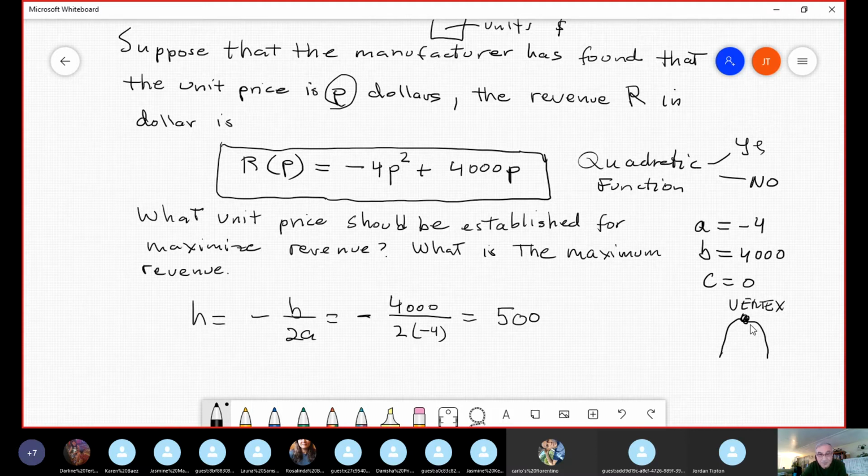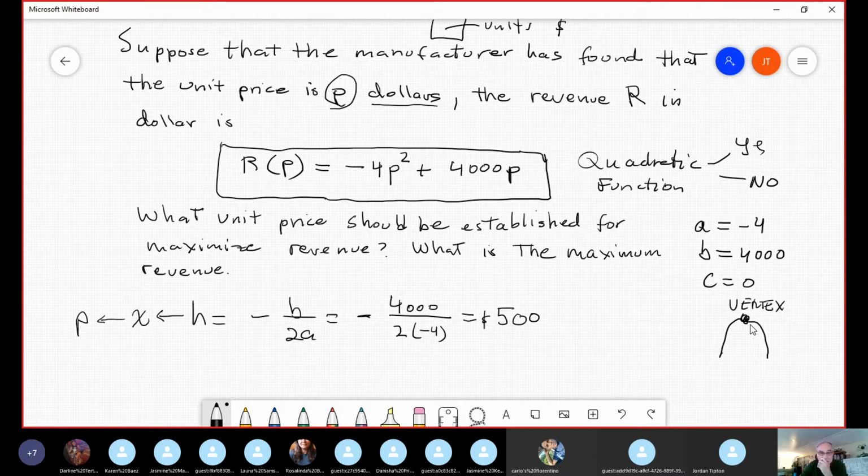What is that? Look, this is H. H is always associated with the X value. But the X value in our word problem is no X, it's P. So our independent variable is P. And P, remember, represents dollars. So this is $500. This is the price of only one unit. I don't know, maybe it's a computer or laptop.